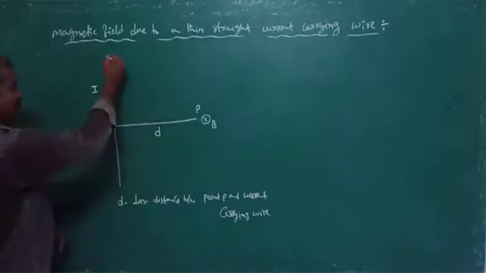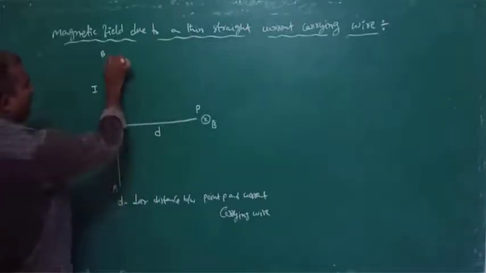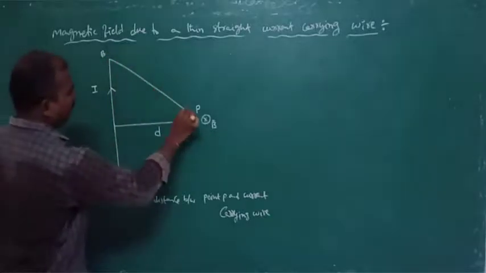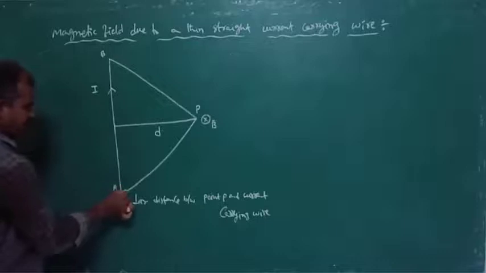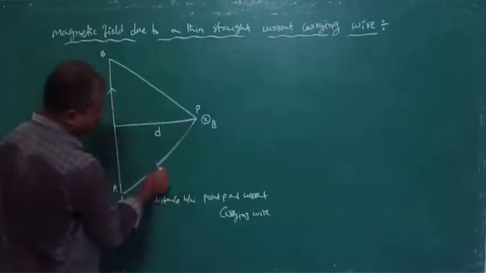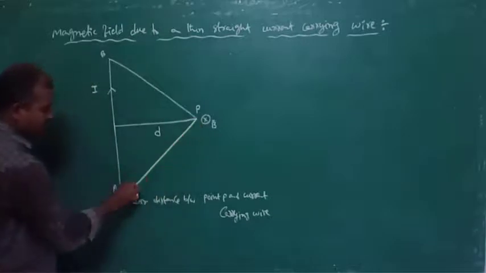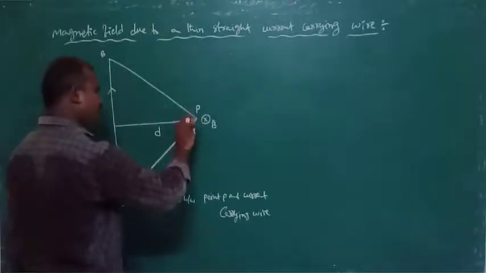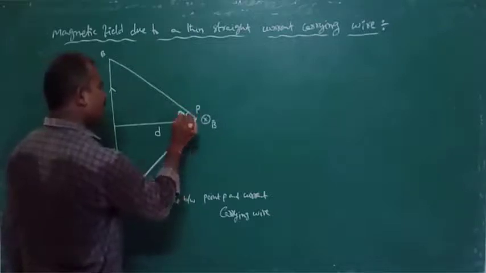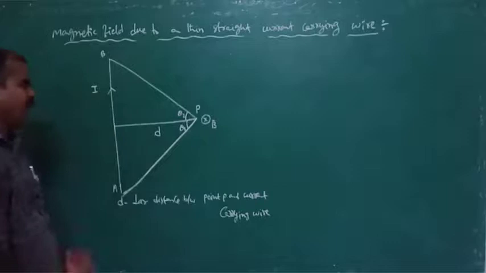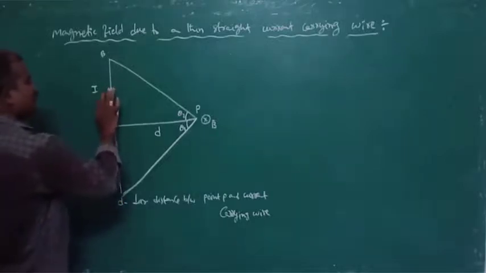Now the two ends of the current carrying wire AB make angles theta 1 and theta 2. Theta 1 is the negative angle, theta 2 is the positive angle. Now let me consider a small element.